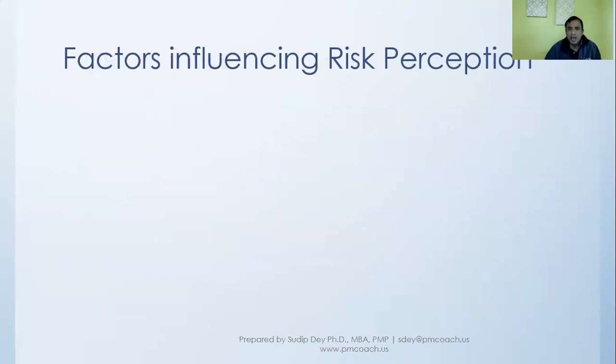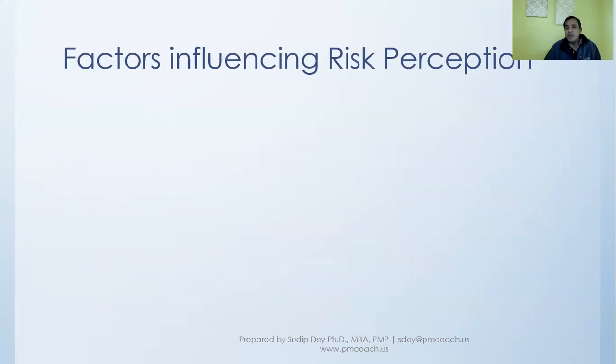Now, there are some factors that influence risk perception. In a sense, a lot of it is about perception, and what is perceived by the organization and the stakeholder in terms of risk is important for us in the project in understanding how we would handle the risk, how much risk we should take, or how much we should spend in actually mitigating the risk.